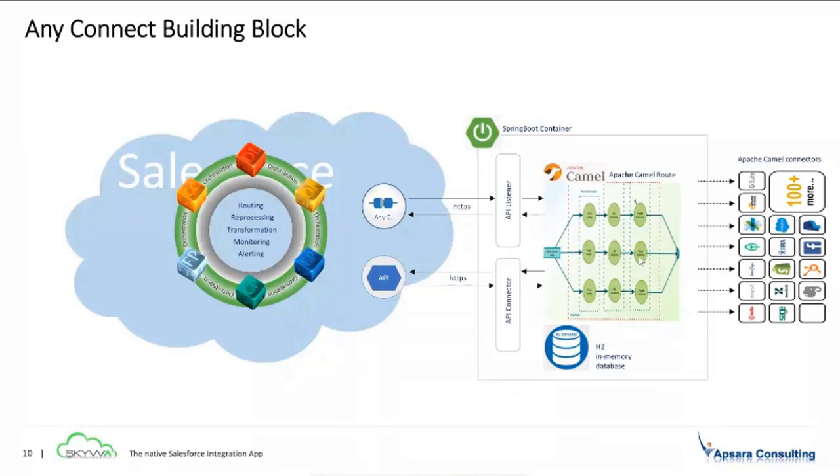And because we are not implementing a full-blown middleware, we can reduce the components and the complexity, and therefore we have a lightweight architecture here, just using Apache Camel for building the route, and using the Apache components that allow us to very easily and in a short time frame customize, connect, and make a new connector available to you.